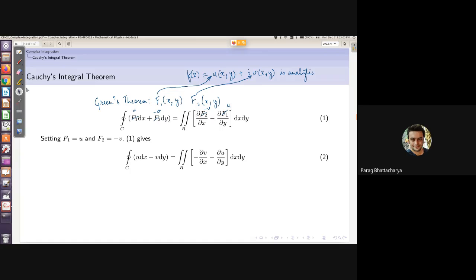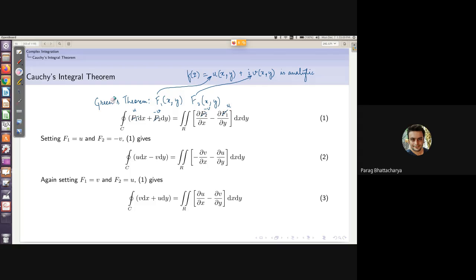Okay. So next, we swap them. Instead of making f1 equal to u, now I'll make f1 equal to v, and f2 I'll make equal to u. Same thing over here also: f1 is equal to v, and f2 is equal to u.